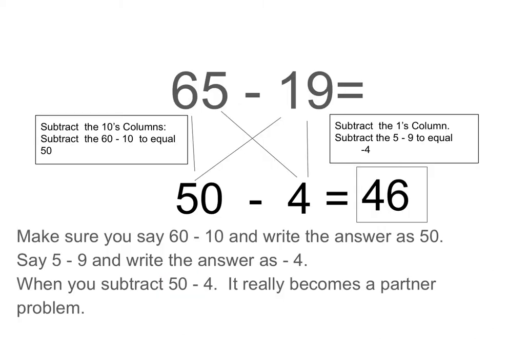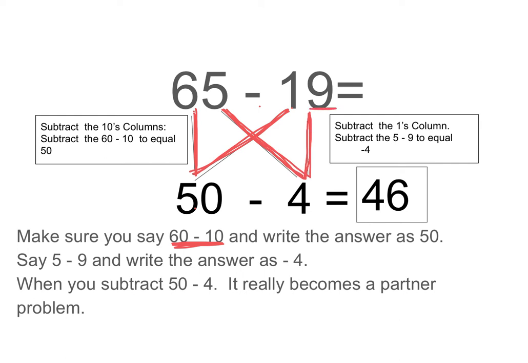All right. When we have the problem 65 minus 19, we're going to subtract our tens column. So we're going to take 60 minus 10. We need to make sure we say 60 minus 10. And then you write the answer as 50. Then we're going to go to the ones column and subtract 5 minus 9.